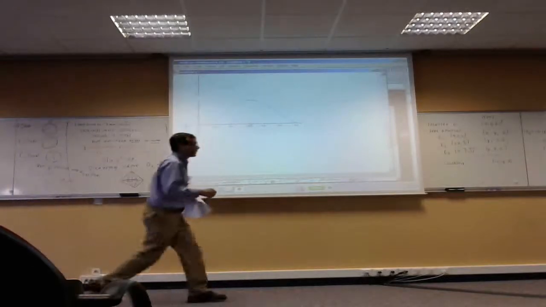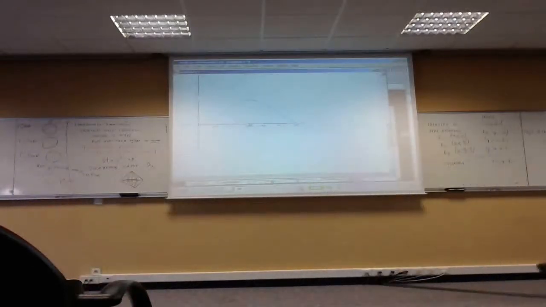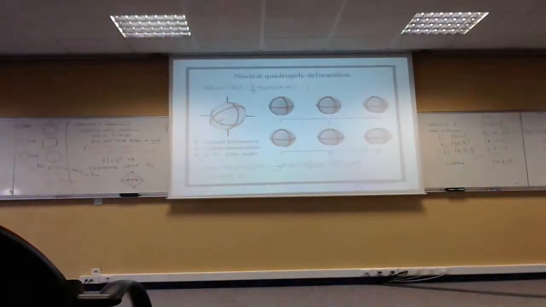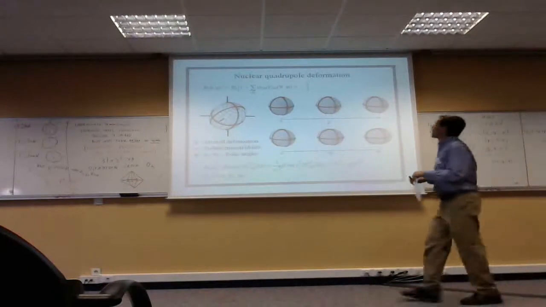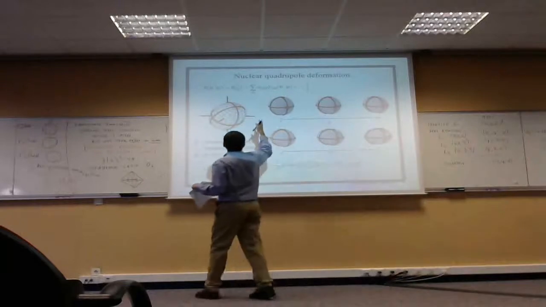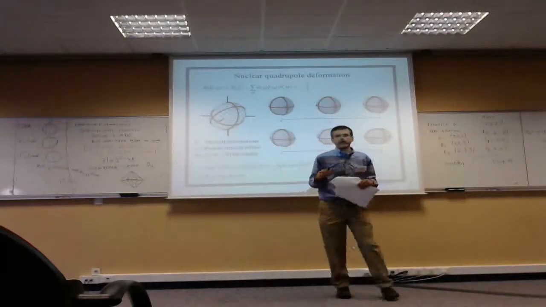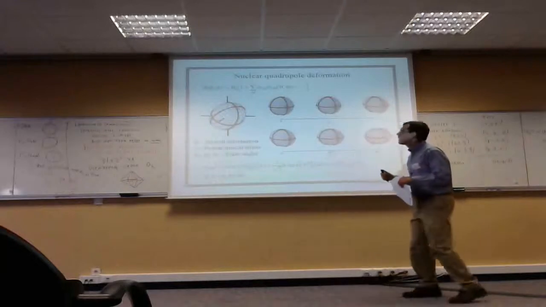All right, so let's go back to the image we have of what these coordinates mean. We've said that beta and gamma describe a given shape, but there's actually some funny business going on with these coordinates.